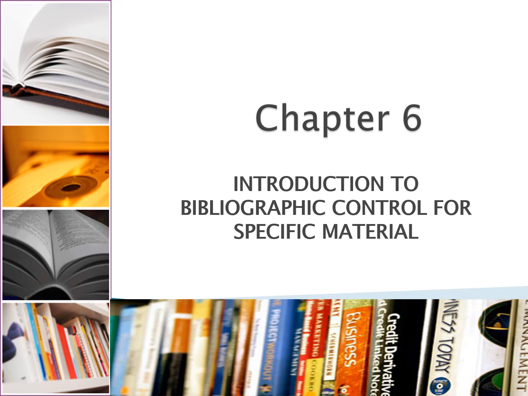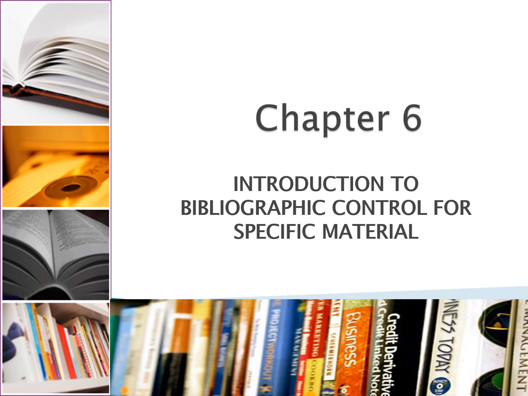So for today's lesson, we are going to look at chapter 6, which is Introduction to Bibliographic Control for Specific Material. Okay, based on our previous discussion class, bibliographic control is the process by which information resources are described so that they are easily accessible for users.